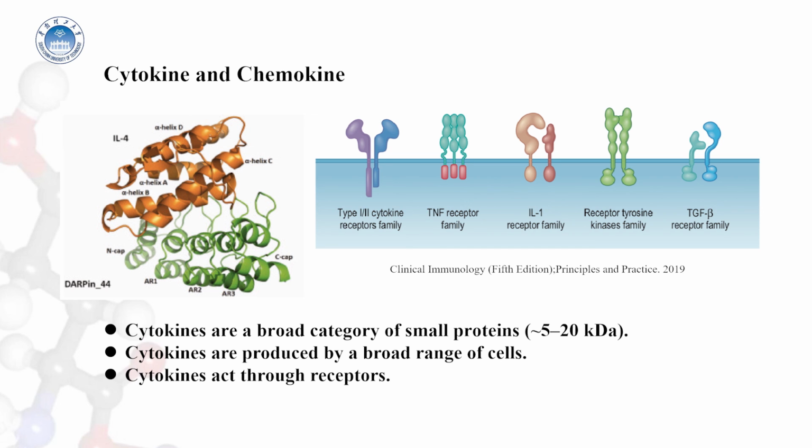The cytokines act through receptors and are especially important in the immune system. Cytokines modulate the balance between humoral and cell-based immune response. They regulate the maturation, growth, and responsiveness of particular cell populations.